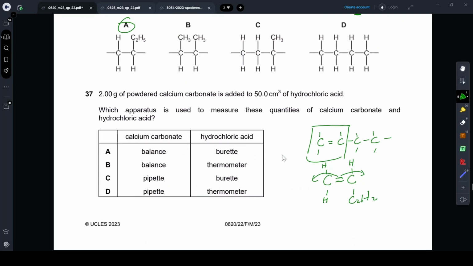All right. 2 grams of powdered calcium carbonate is added to 50 cm³ of hydrochloric acid. Which apparatus is used to measure these quantities of calcium carbonate and hydrochloric acid?